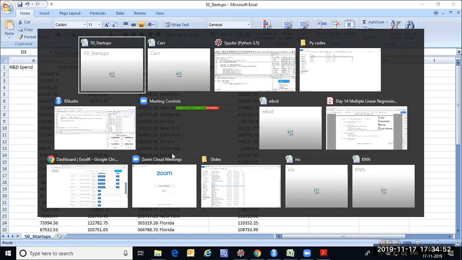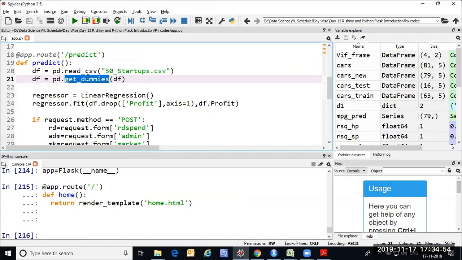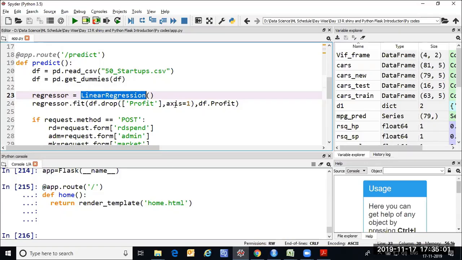That's why I'm creating the dummy variables and applying a linear regression function, because there's an x comma y format. I'm first dropping the profit from all the columns. The remaining I can use as input variables. Then x comma y, where y is nothing but the profit.